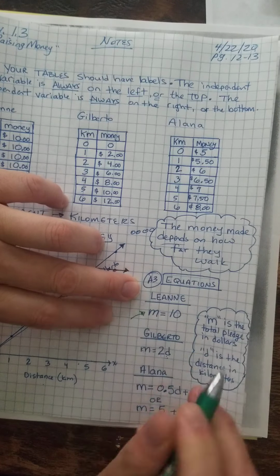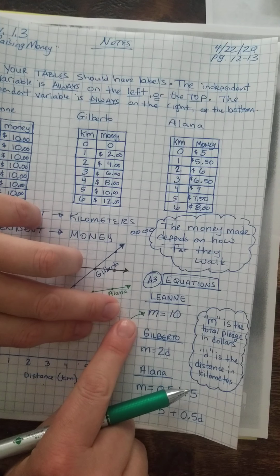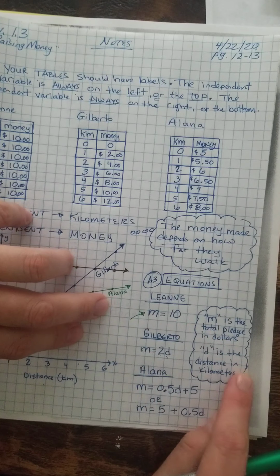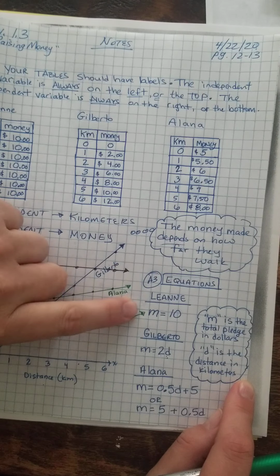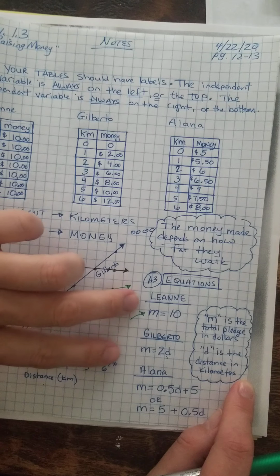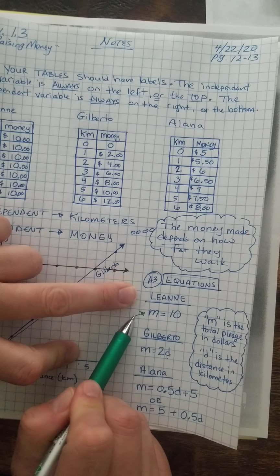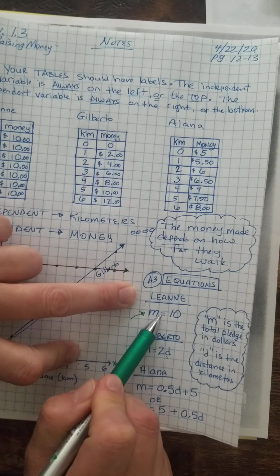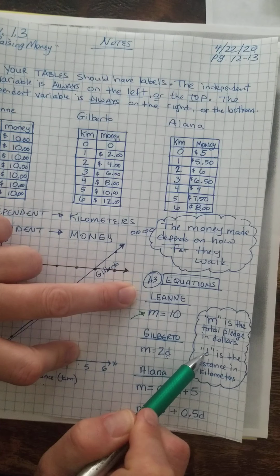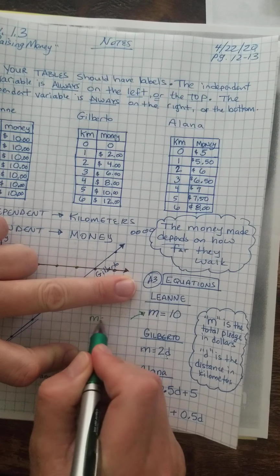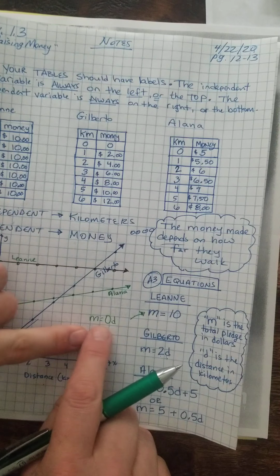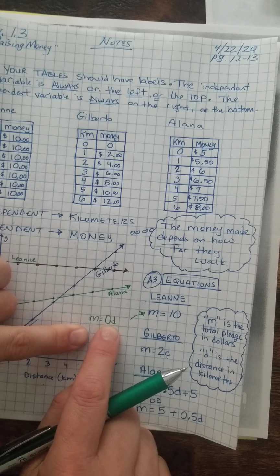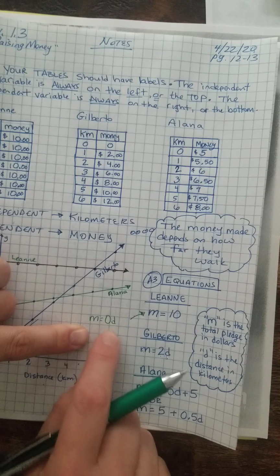So if you think about Leanne, how much money is she making per kilometer? Per kilometer, Leanne is making $0. So it's almost like M is equal to 0 times D. If I did M equals 0D, you would have that no matter how many kilometers she walks, she gets $0.